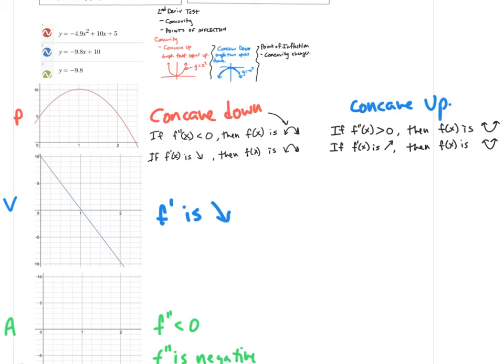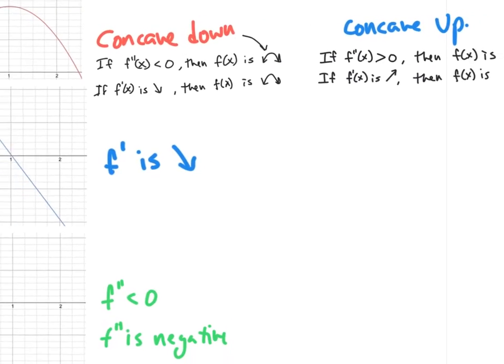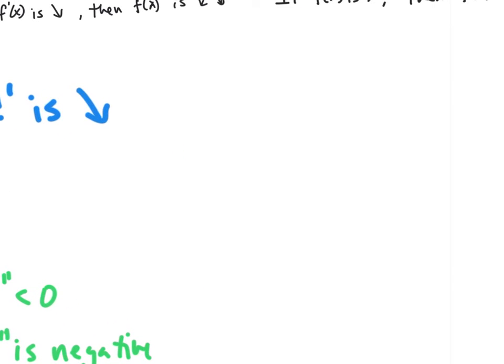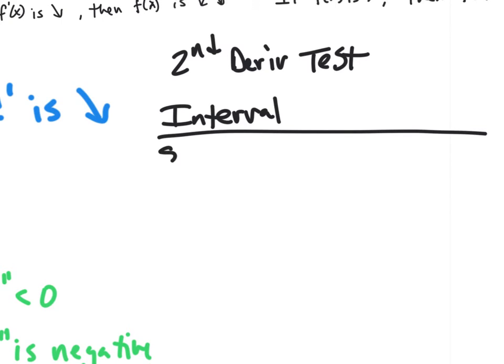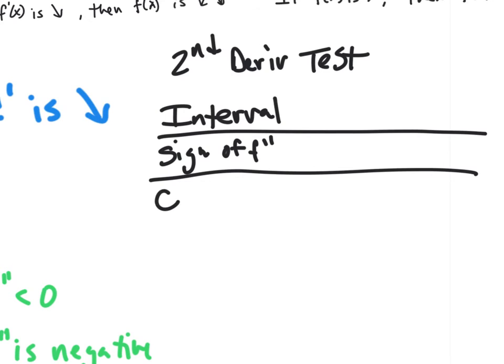So I do want to do the second derivative test. We do the same type of thing. We make our interval, we do our sign of f double prime, and then we talk about concavity.